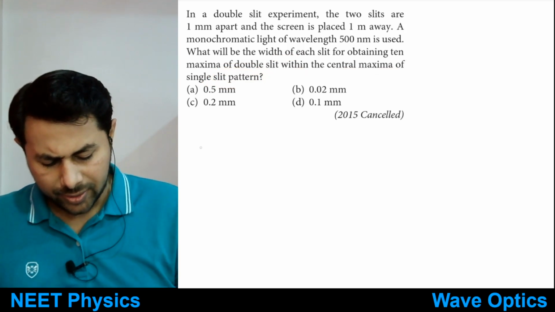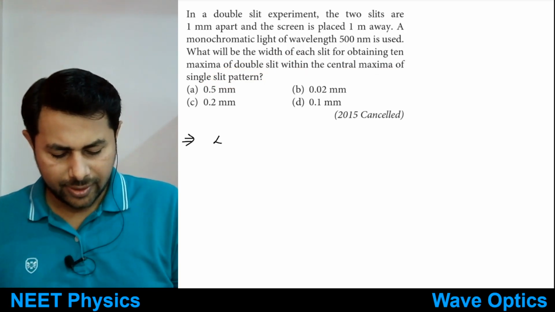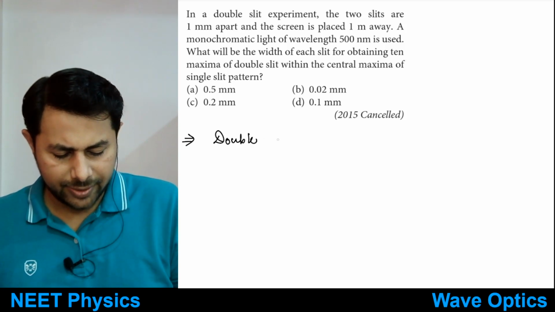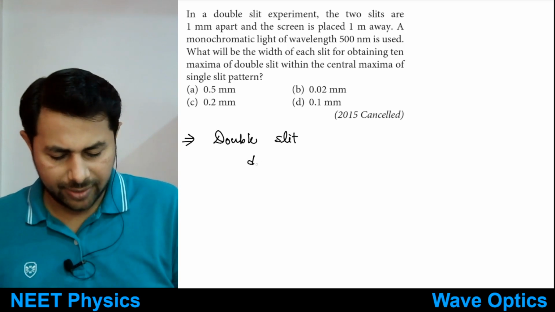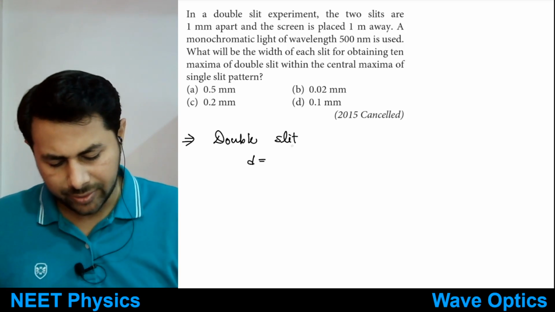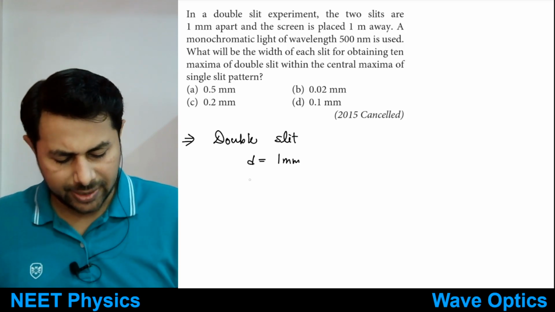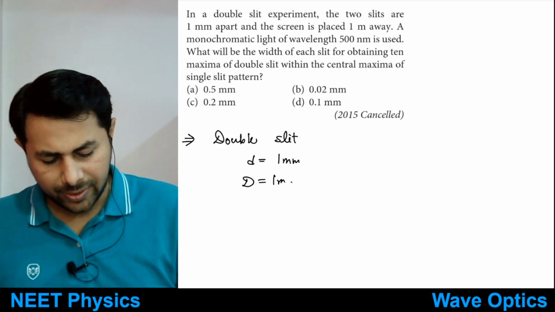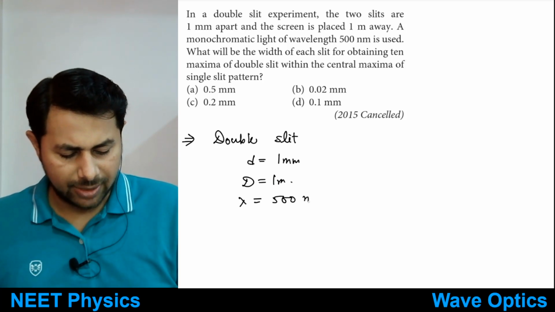Okay, so it's given for the double slit case, D is given, right? D is equal to 1 mm. Then the screen is placed at 1 meter and the wavelength is 500 nanometers.